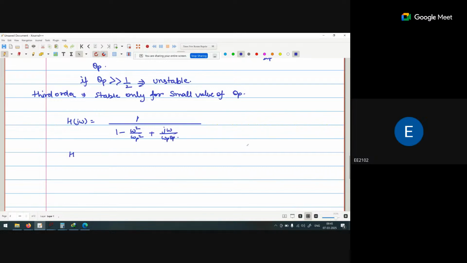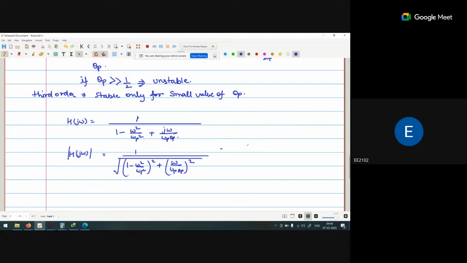If I find the magnitude of this, it is 1 over the square root of the real component square plus the imaginary component square, so 1 minus omega square upon omega p square, whole square, plus omega upon omega p cube, whole square, and root of this.